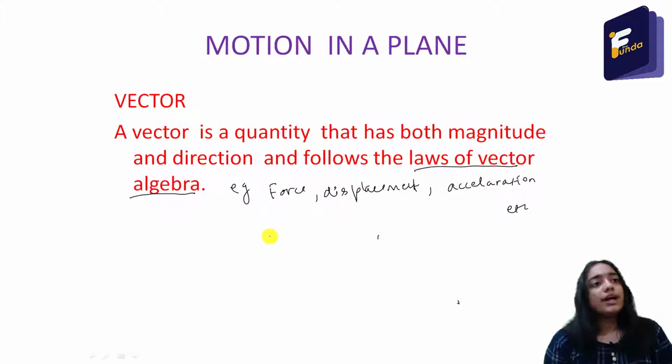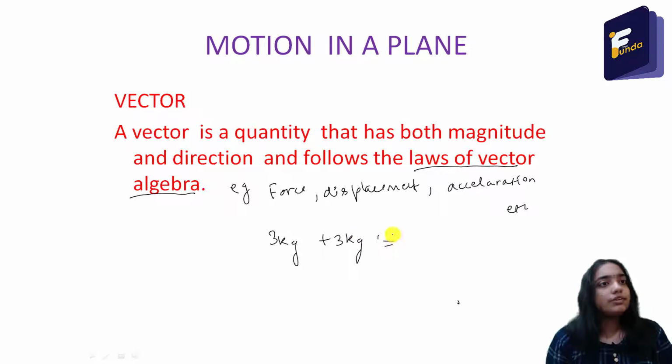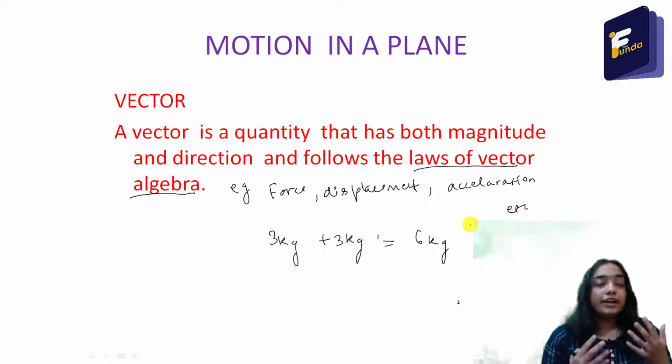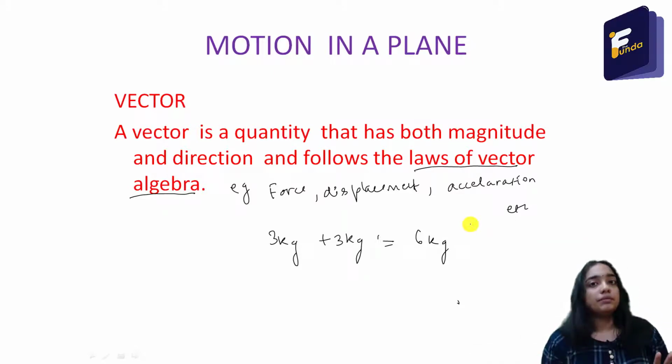We know that if I add 3 kg plus 3 kg, the answer is obviously 3 plus 3, that is 6 kgs. Simple. You just added the numbers. In the case of scalar quantities, because mass is a scalar quantity, we can easily add those quantities like we add two numbers. But in the case of vector quantities, we cannot do that.